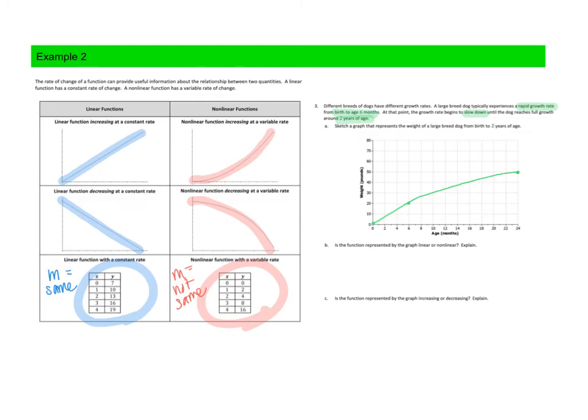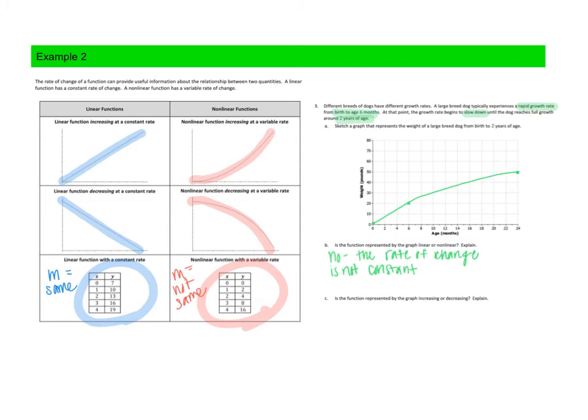Is the function represented by that graph linear? No, this is not linear. The rate of change is not constant. Meaning, the dog doesn't grow the same speed every single month. You can see that the graph is curved. Is the function increasing or decreasing?